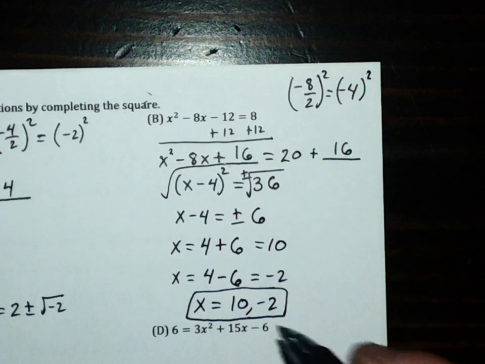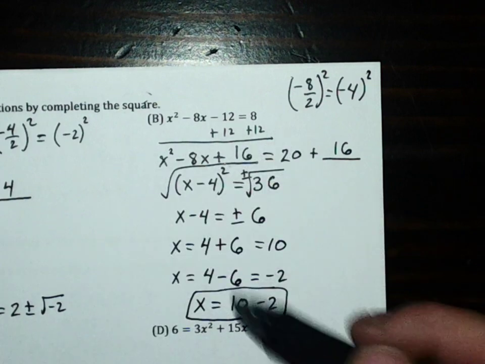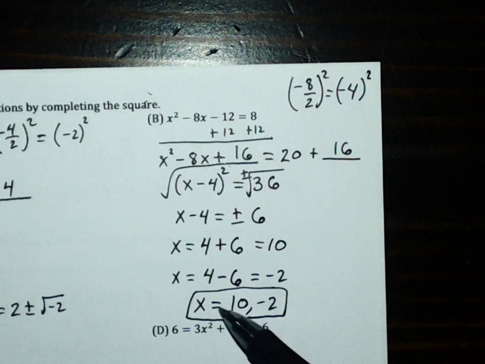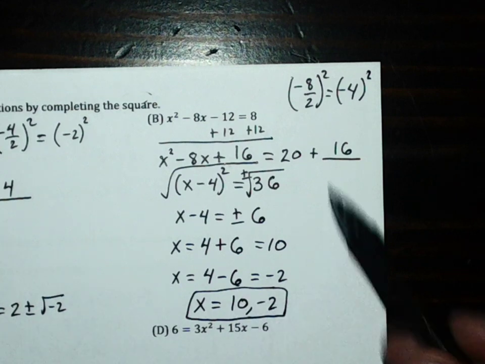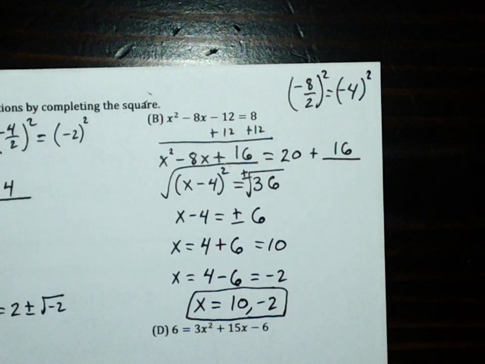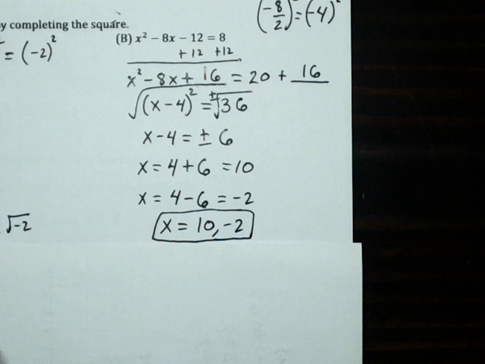Now I want to look at this one again. This one worked out perfectly. We have two integers here. What does that mean that this came out to be integers? Well, it means that from the very beginning, we could have solved this by factoring.